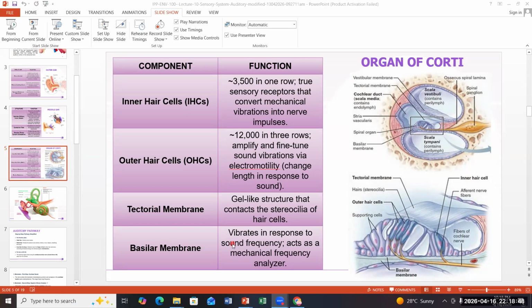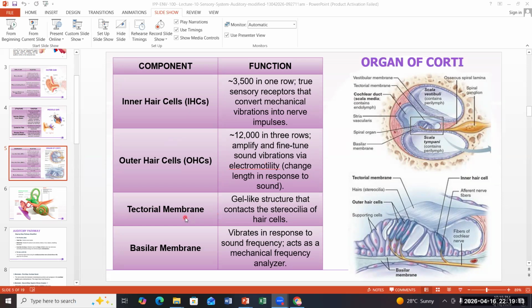They can hear the sound but they cannot understand it because they cannot fine tune the sound. So if there is a problem like that, you can say that maybe the outer hair cells are not amplifying the sound waves, or they are not fine tuning it.